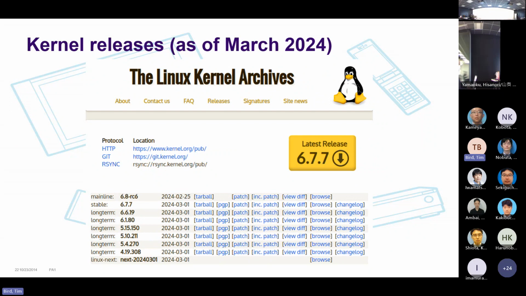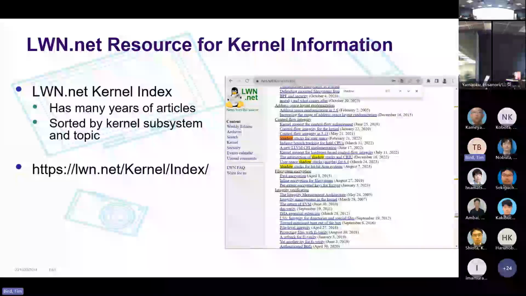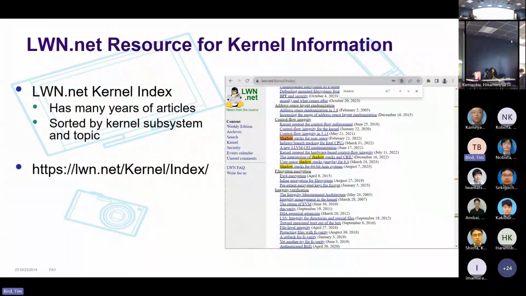This is just a resource I threw on here because if you want to know about any particular thing, I took a screenshot. I was doing research on shadow stacks, and over a period of a number of years, LWN.net, which is an online news reporting site for the Linux kernel, has had a number of articles on shadow stacks.